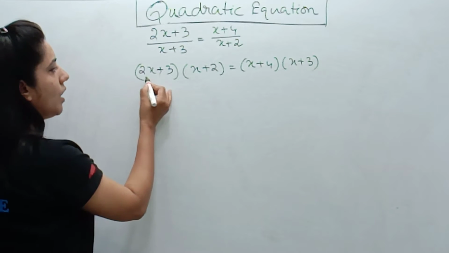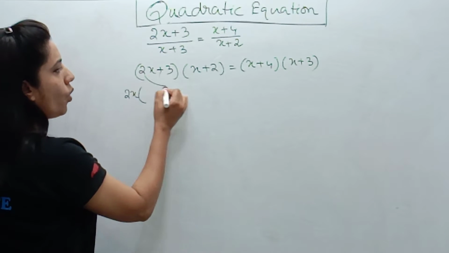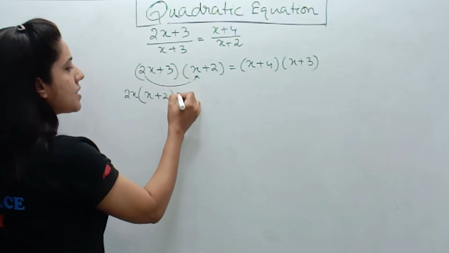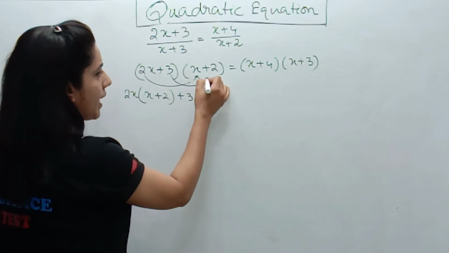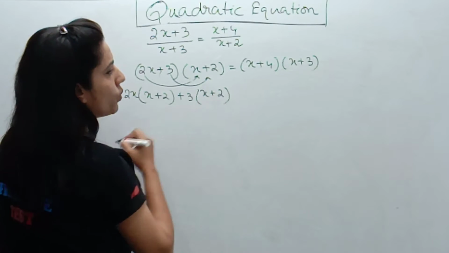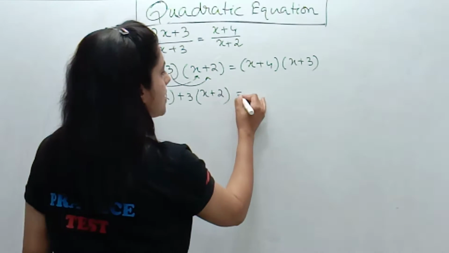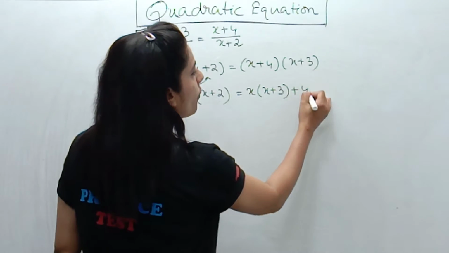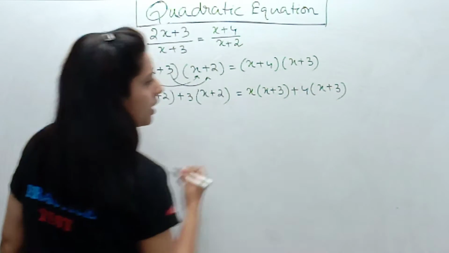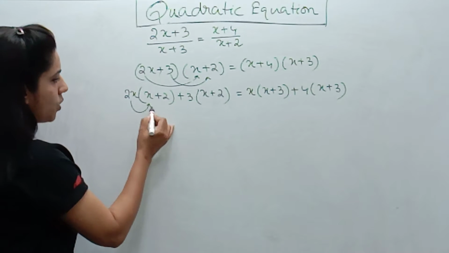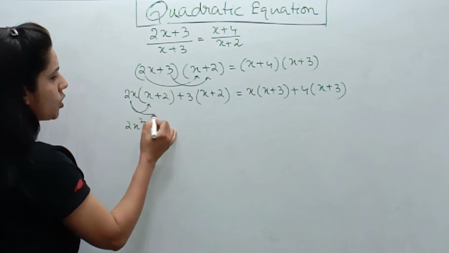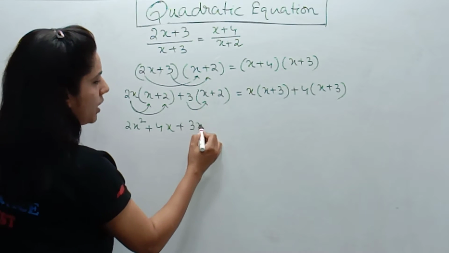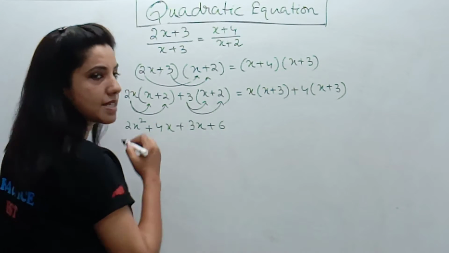How do we do it? We multiply 2x into the second binomial, x + 2, plus 3 into x + 2. Same thing on the right hand side: x into x + 3 plus 4 into x + 3. Now multiply this: 2x into x is 2x², 2x into 2 is 4x, 3 into x is 3x, 3 into 2 is plus 6.